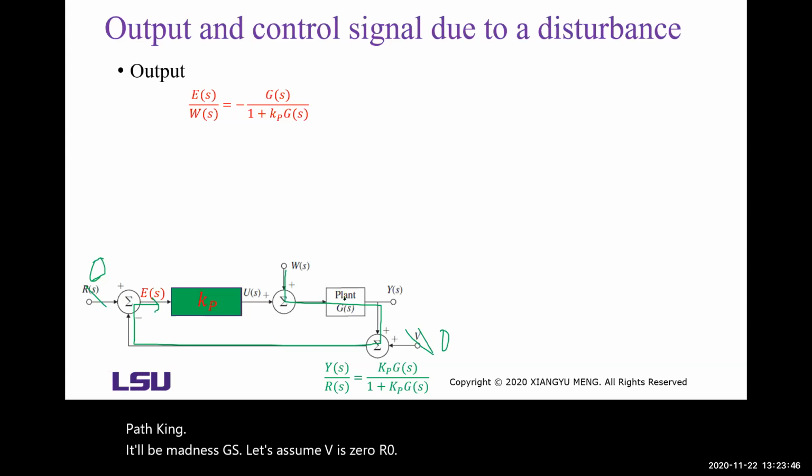Then we have minus G(s) over 1 plus Kp G(s).